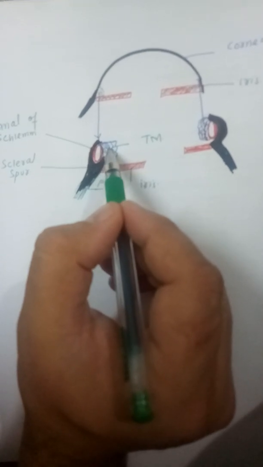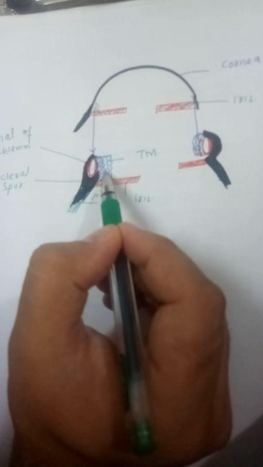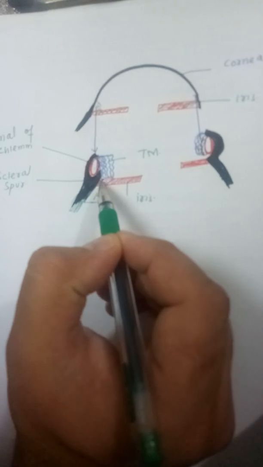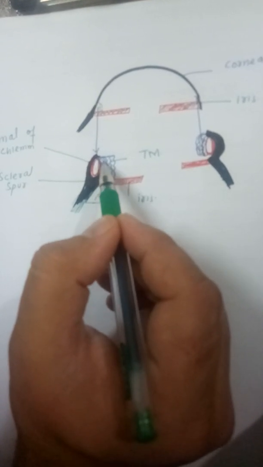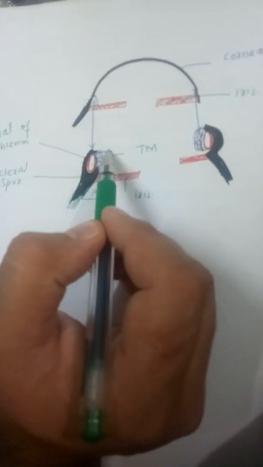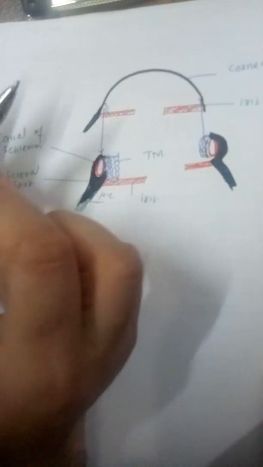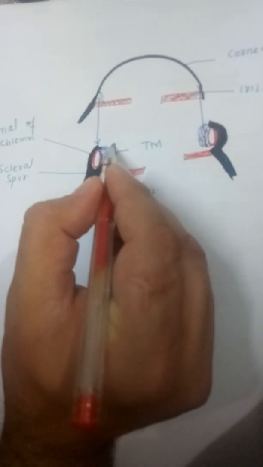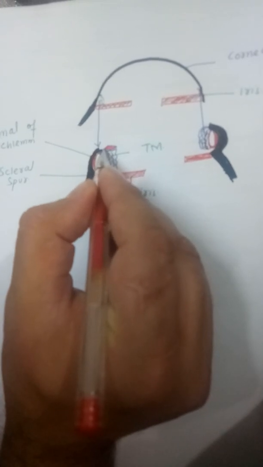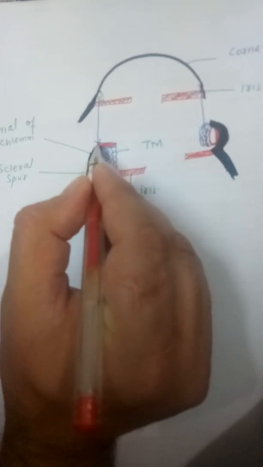Anterior to the canal of Schlemm there is the trabecular meshwork. So the trabecular meshwork is posteriorly attached to the root of the iris and scleral spur, while anteriorly it is attached at this point, which is the termination of this main membrane, you can say the Schwalbe line.